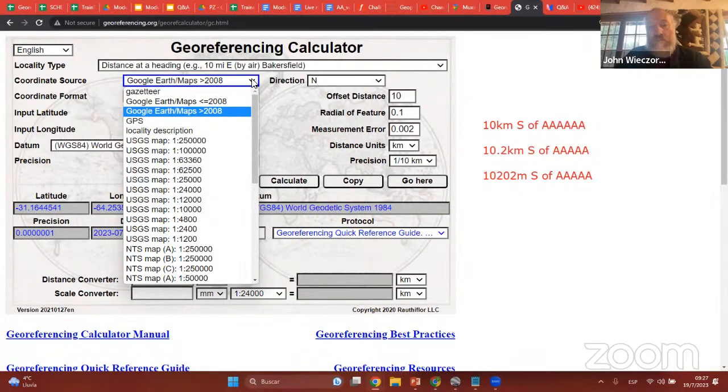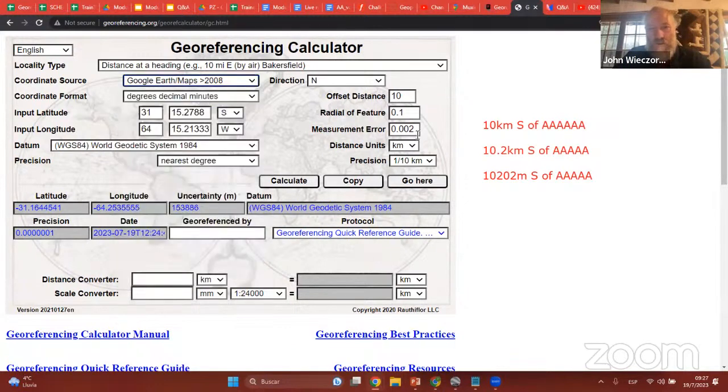But there's also the measurement error on the calculator, in the other column. That measurement error is different. That's what happens when we make a measurement on the source. For example, if I'm using a paper map and I have a ruler and I'm measuring on the map with my ruler, that measurement error is my ability to distinguish between one number and another on the map. Conversely, if I'm using an online tool, which is going to be more common for us, like Google Earth or Google Maps, it's my capacity to measure the exact same spot, measuring multiple times.